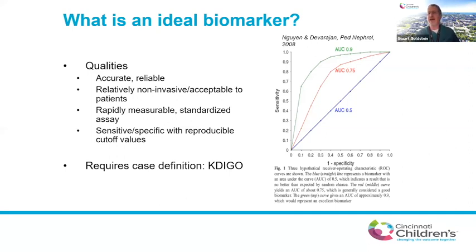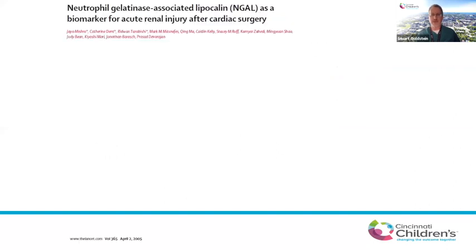A good biomarker, and that can be a clinical biomarker such as age and bypass, would have an AUC of 0.75. Whereas a really, really good biomarker will have an AUC of 0.9. And there are very few of those really good biomarkers that stand on their own without using risk stratification to improve the potential benefit of utilization of that biomarker.